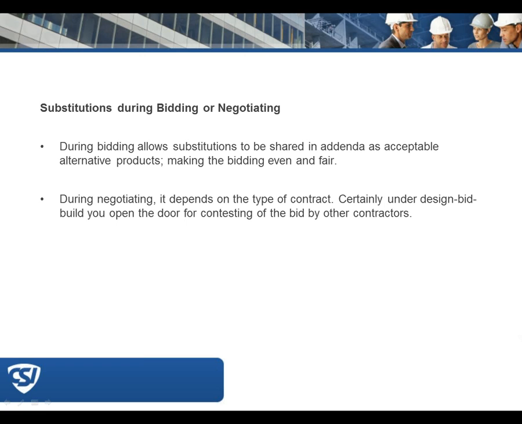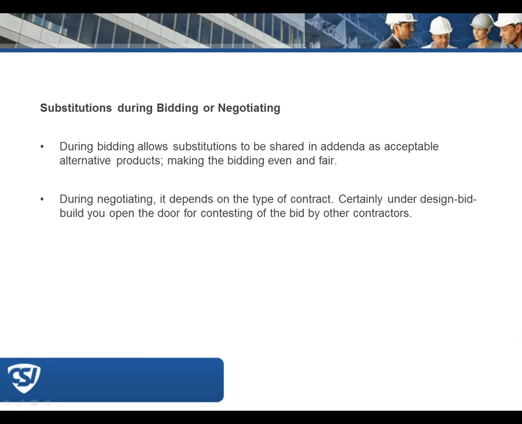I would not expect that 4th manufacturer that's requesting a substitution to send his request to a GC. For one thing, he may have trouble figuring out which GCs are bidding it, and he'll have to track down a GC, get it to the GC, and get the GC to agree to submit it. I think that's too much of a burden on him and too cumbersome a process.